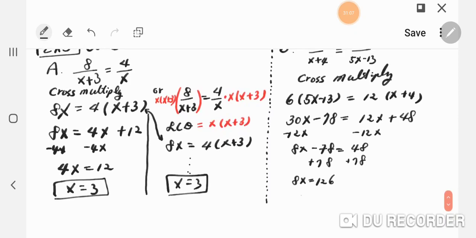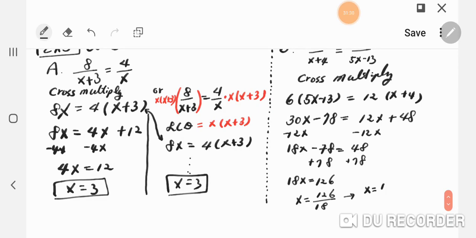Then divide each side by 8. Sorry, this is 18, isn't it? 30 minus 12 is 18. Sorry, it's an 18.